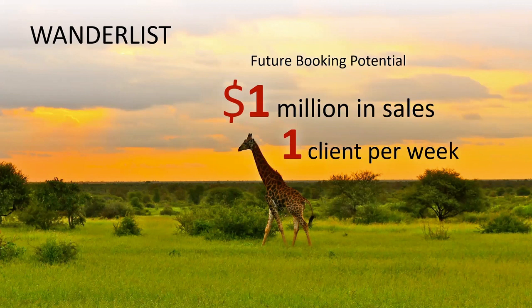So with those 50 clients, do the math, you will have over $1 million in future aspirational travel. Let's get a little more granular. You would set a personal goal of getting 1 to 2 clients a week into Wanderlist. And by the end of the year, you'll be thanking yourself. That will put you on that track of having $1 million in future sales, which is huge.